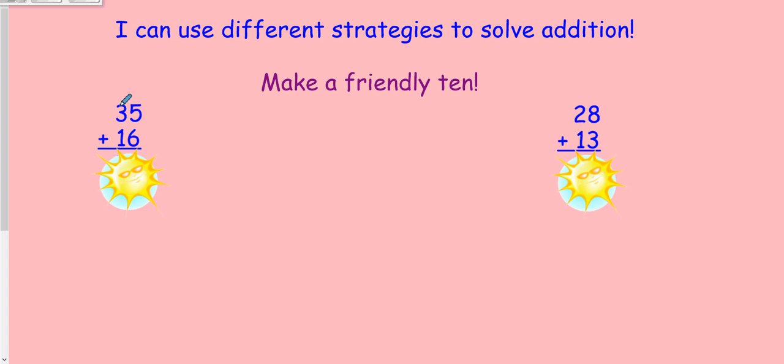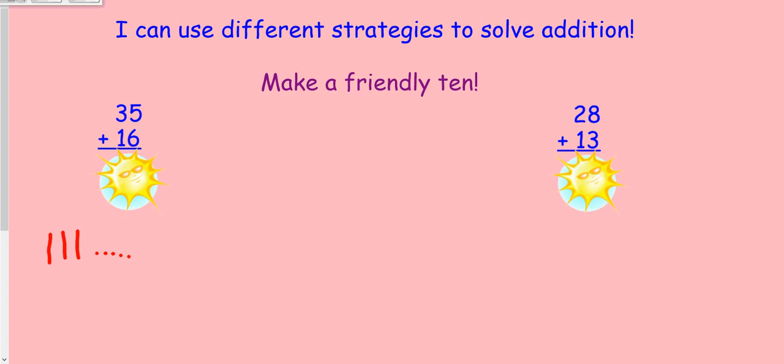Look at your tens and ones. 35 has 3 tens, so let's draw 3 quick tens. 35 has 5 ones, so in an organized picture, let's draw 5 ones.